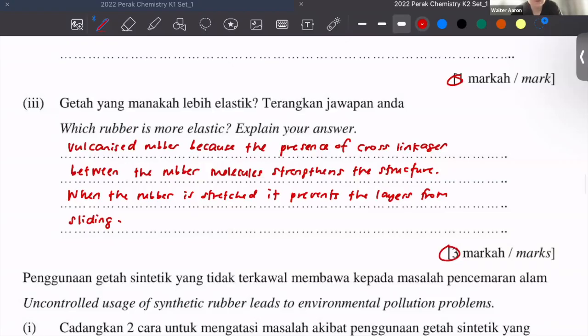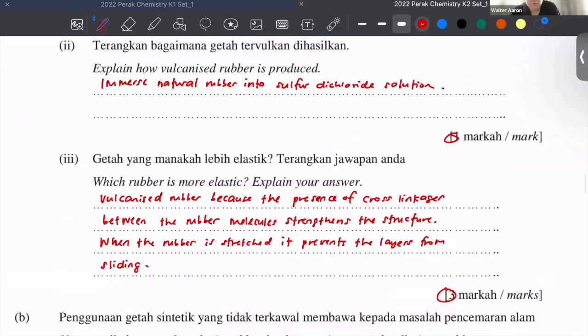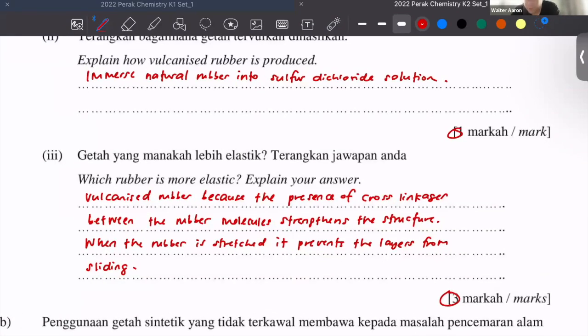So that should give you 3 marks in total. That would be the answer to explain why vulcanized rubber is much more elastic compared to unvulcanized rubber or natural rubber.